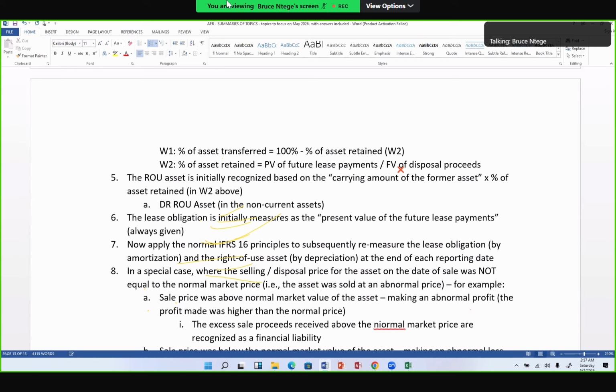Because if the asset had a normal price of 10 million, and you're selling this asset at 12 million, that excess, that 2 million, is money you have borrowed from the person you sold the asset to.